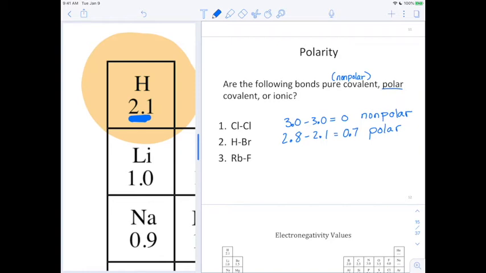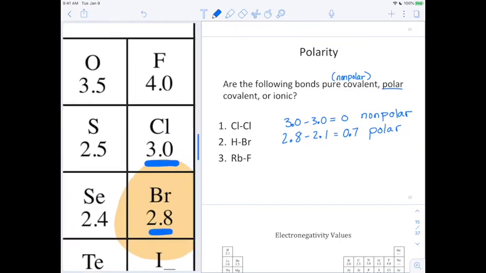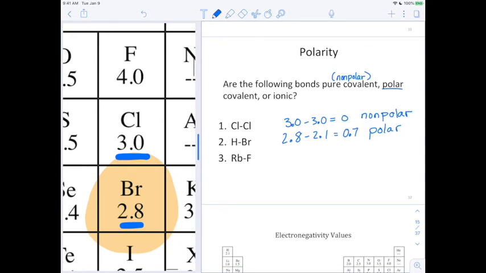All right, so next up we're going to do rubidium and fluoride. So here is, alright, for some reason I can't write on the fluorine, but it is a 4.0 minus our rubidium. Oh, it's because this one is stuck. Alright, okay, give me just a sec.